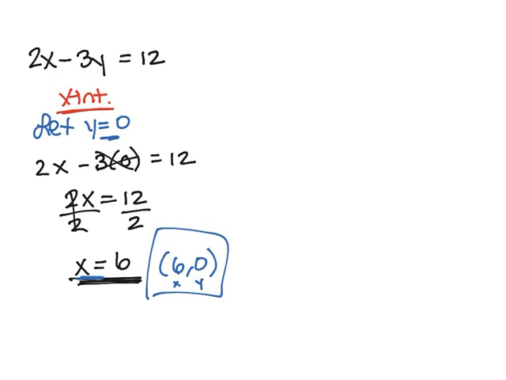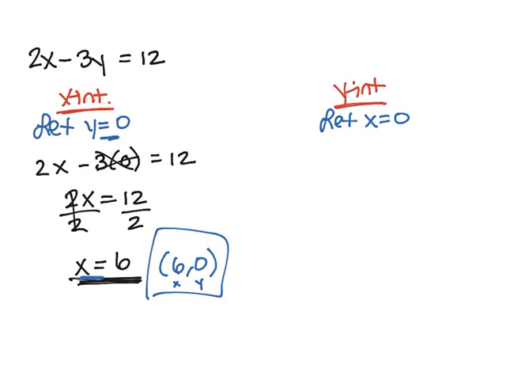Now, if you did not put this equation in slope-intercept form, then you can do the same process on finding the y-intercept. This time, you're going to let x be 0. Okay? So always remember, when you're looking for an intercept, you got to let the other one be 0.